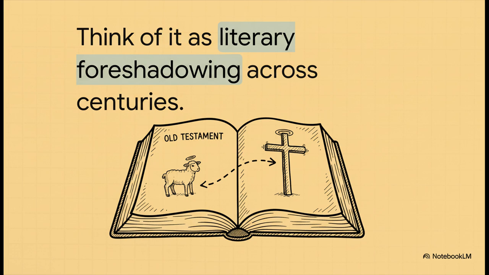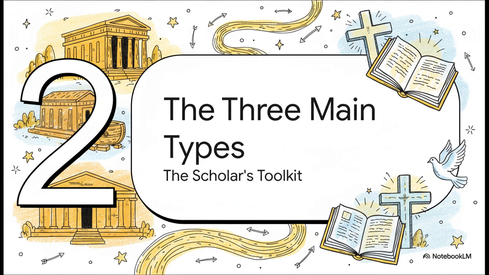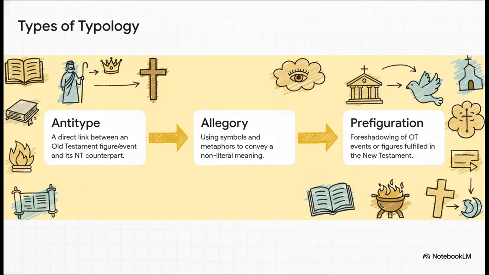It's pretty wild. Now this isn't just some random game of finding similarities. Nope. Scholars have actually identified really specific methods for this kind of interpretation. So let's explore the 3 main tools that are in the typological toolkit. So here are the 3 big ones. First up, you've got the antitype. This points to a really direct one-to-one connection.